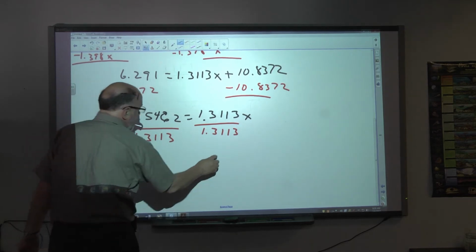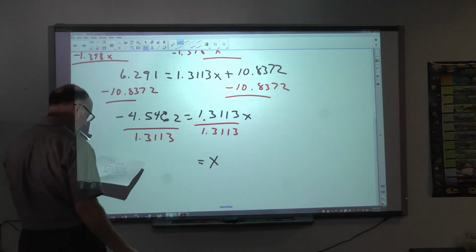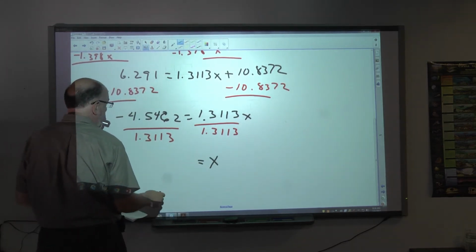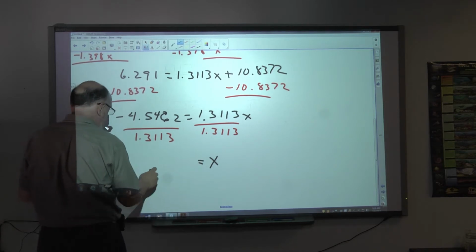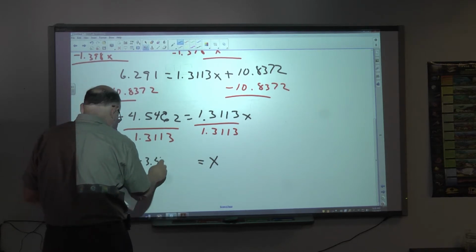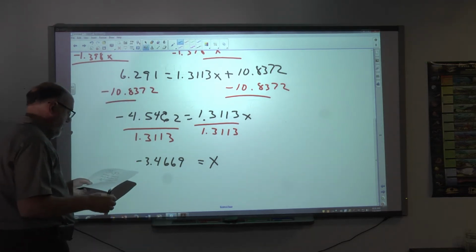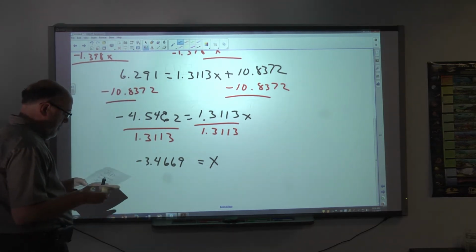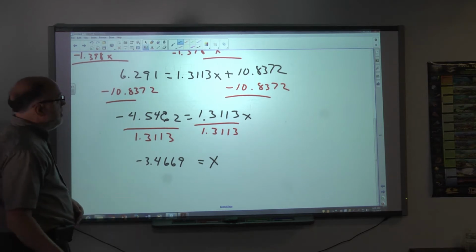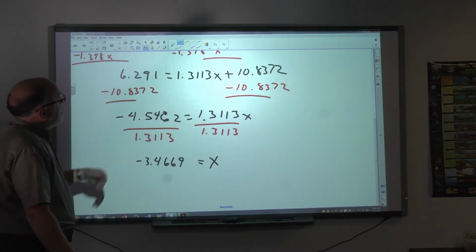And we end up that x is going to be a negative 3.466. So we got x as a negative number.